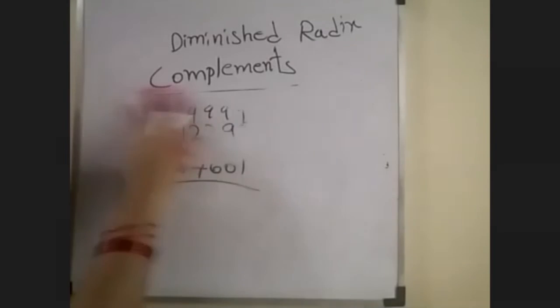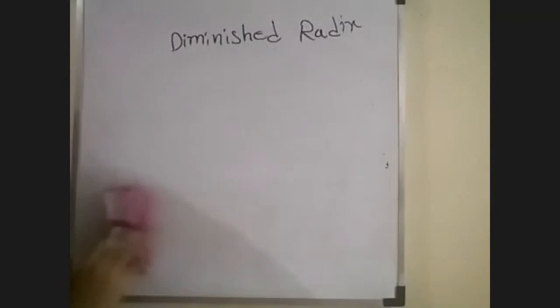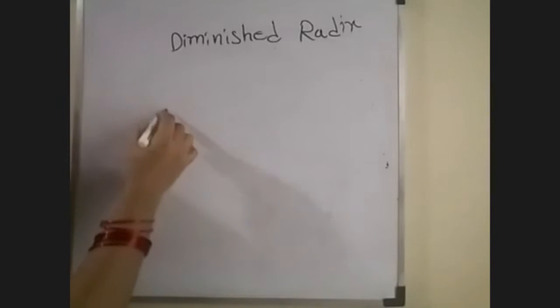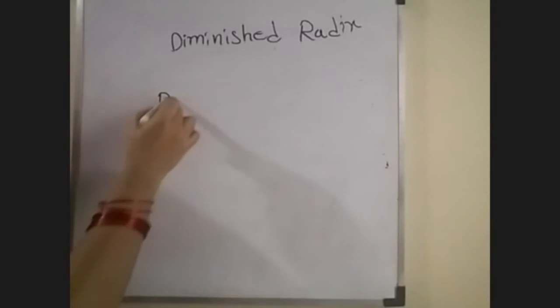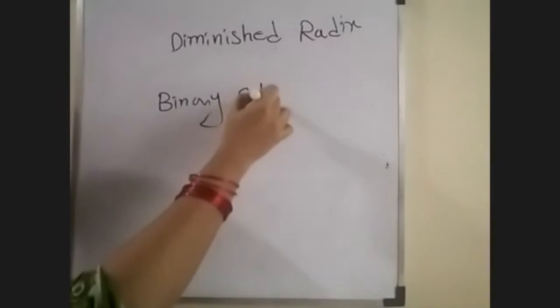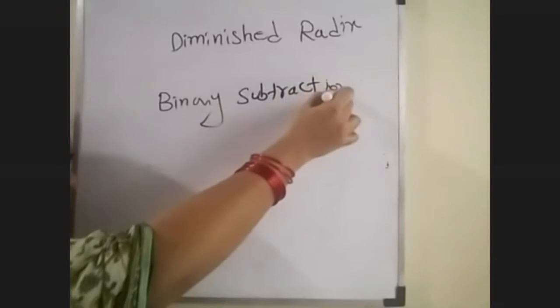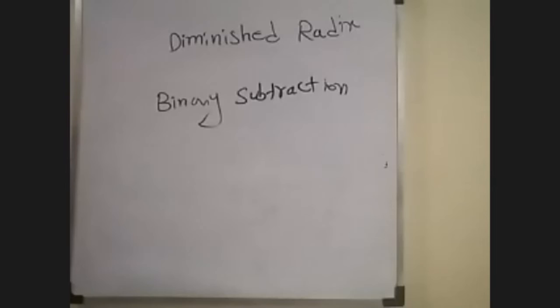First, I will give the subtraction values. Later, we will discuss ones complement representation. Observe this binary subtraction. Binary means here 4 combinations come. 2 power 2 is nothing but 4 combinations, right?